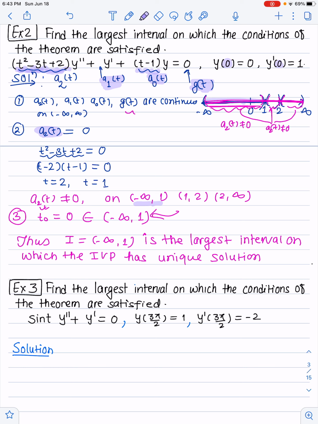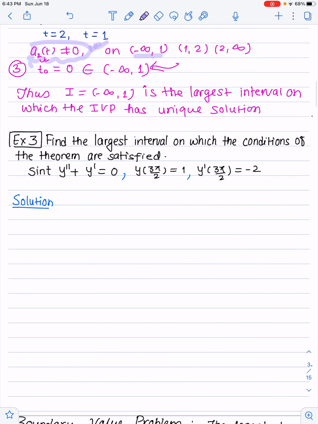The unique solution cannot be in the other intervals because the initial condition does not lie there. However, the properties hold there, but there will not be a unique solution because the initial condition does not lie on those intervals. The initial condition lies on this interval, these functions are continuous, and a2(t) is not 0. That's why negative infinity to 1 is the largest interval on which the initial value problem has a unique solution. So that's how we figured it out.